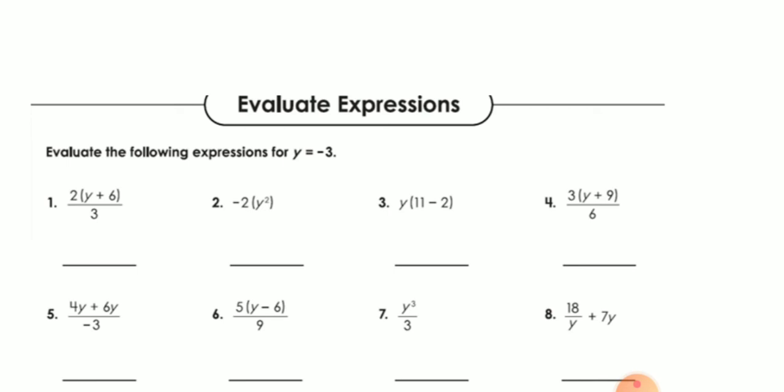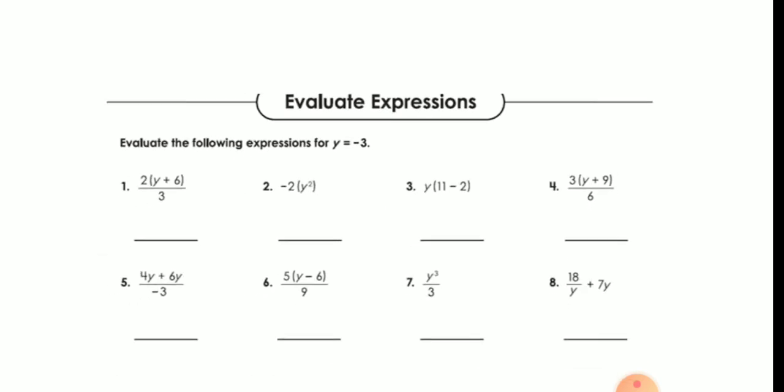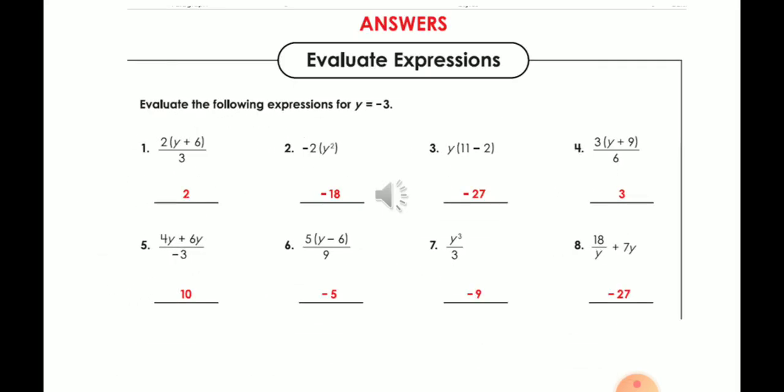So 2, open the bracket, negative 3 plus 6, close the bracket, all over 3. 6 minus 3 gives me 3. 3 times 2 is 6. 6 divided by 3 is 2. So the answer will be 2.